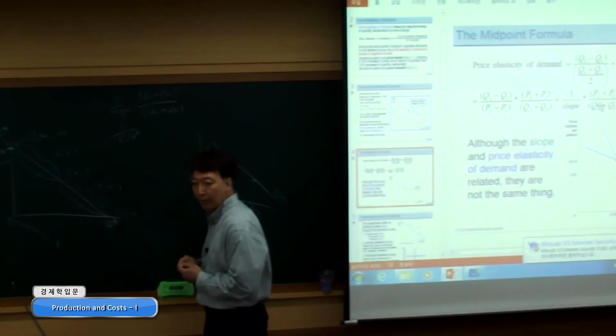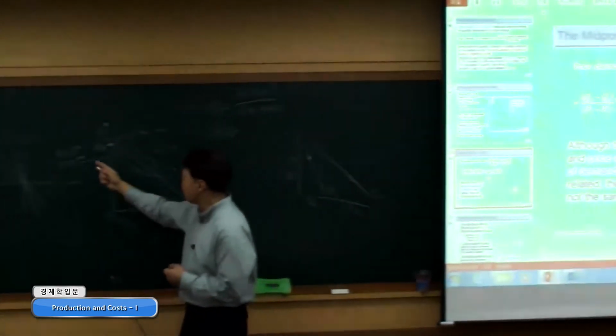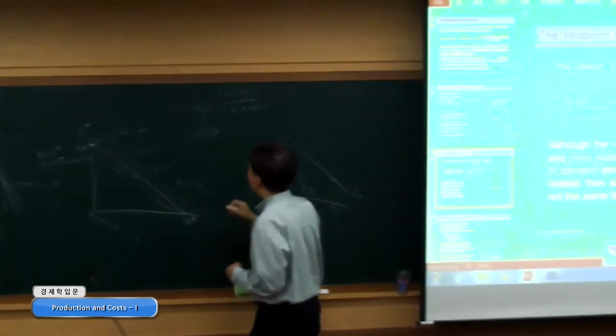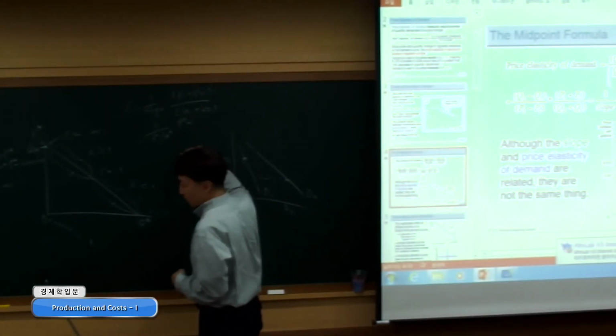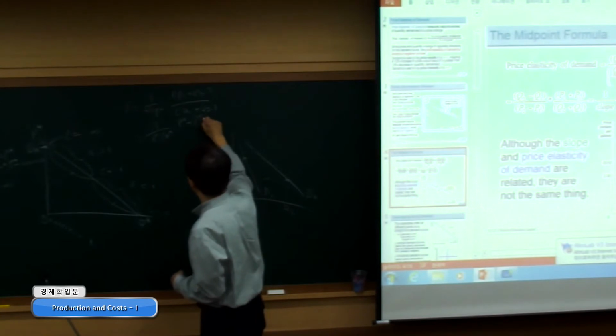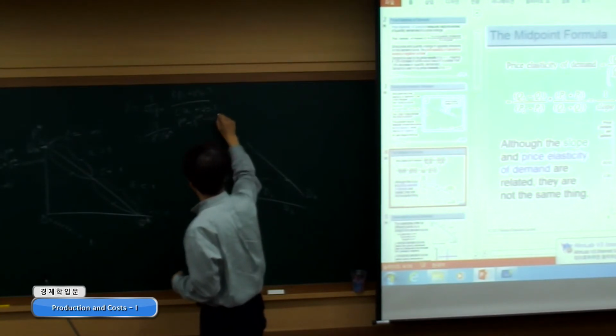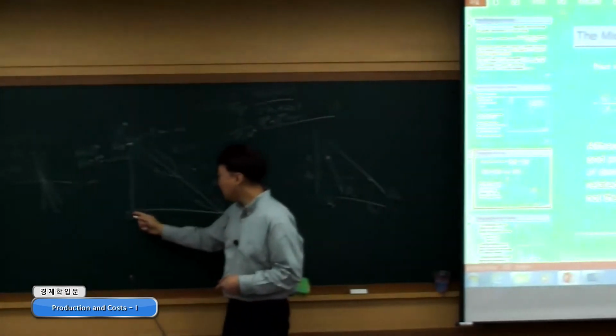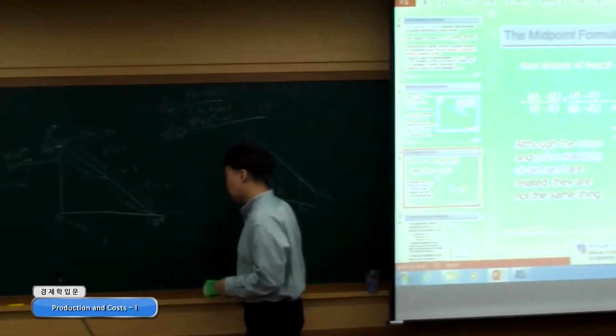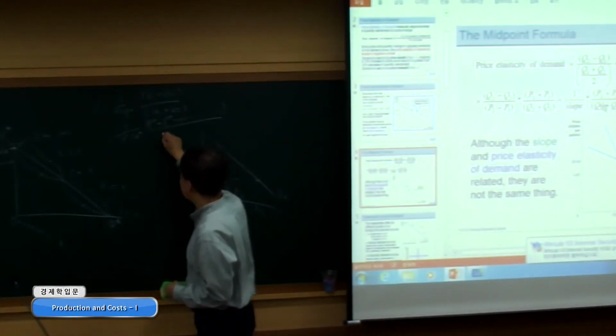P1 was exactly P star, so P star plus P star minus 0.01, divided by Q1 plus Q2, so that's 0 plus 0.01.